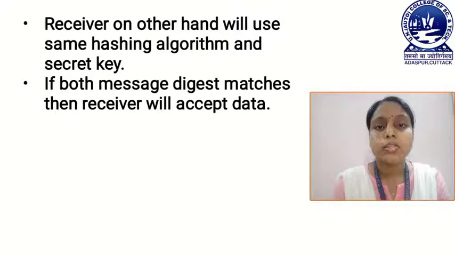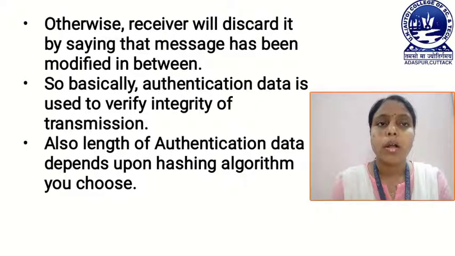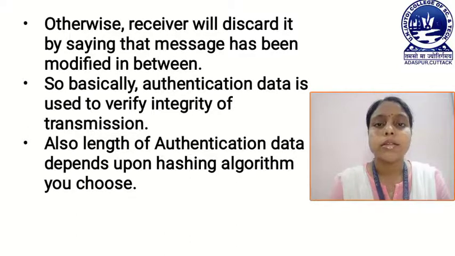Because if they are different, that means there is some change in the message sent by the sender. The receiver will discard it, saying that the message has been modified in between.